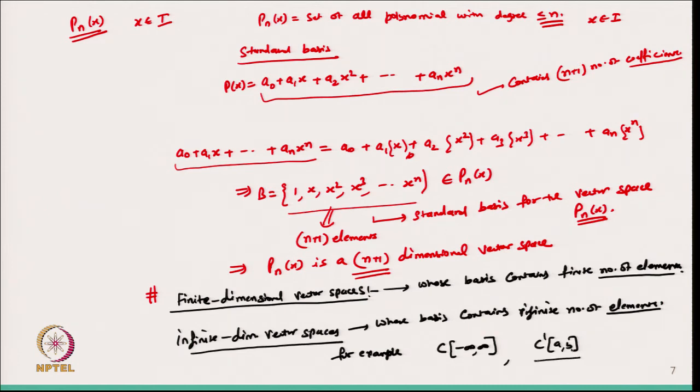So, this is C1[a,b], this is C of minus infinity to infinity. So, all these functions make a vector space, and it is infinite dimensional, because they cannot be represented by a finite number of elements from that set. So, these are called the infinite dimensional spaces.